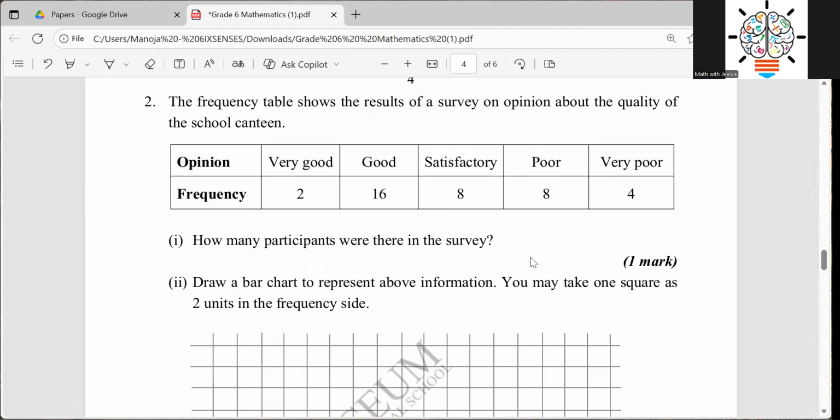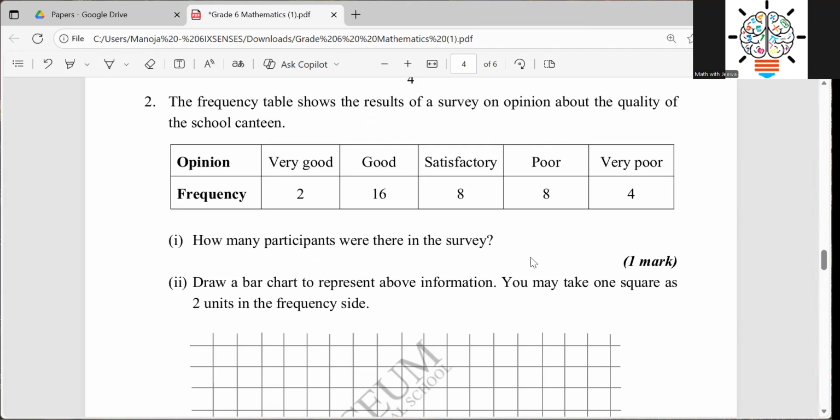Now when you have this kind of table, first of all you want to evaluate what it means. 2 students have mentioned the canteen is very good. 16 students have mentioned the quality of the canteen is good. And 8 students said that it is at the satisfactory level. And another 8 students have mentioned the quality is poor. And 4 students have mentioned it is very poor.